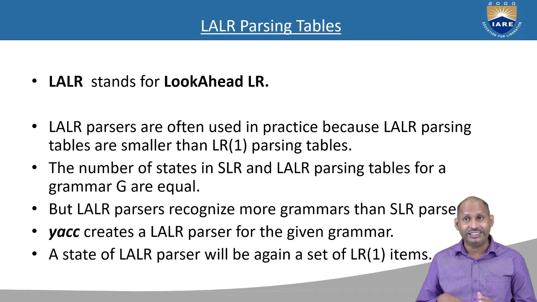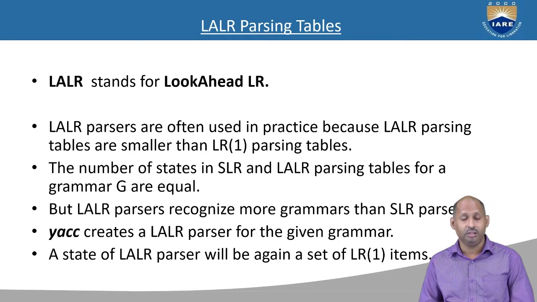After constructing the canonical LR closure groups, we check whether the productions in one group and another group are the same or not. If the productions in different groups are the same, but the lookahead symbols are different, then we combine both the closure groups. Is it clear?